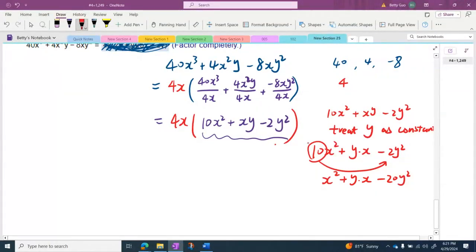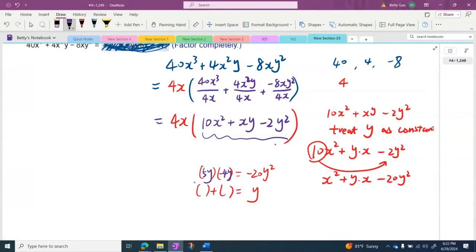We need to find the two integers, not integers, including y, that multiply to negative 20y squared and add up to positive y. The two are going to be 5y and negative 4y. 5y minus 4y is 1y. 5y times negative 4y is negative 20y squared.